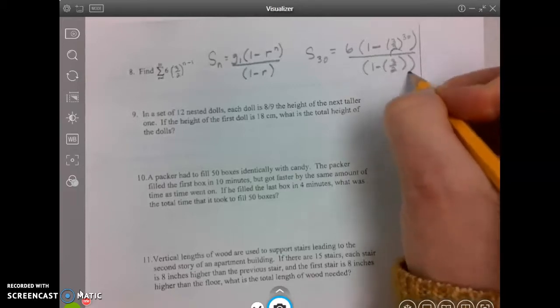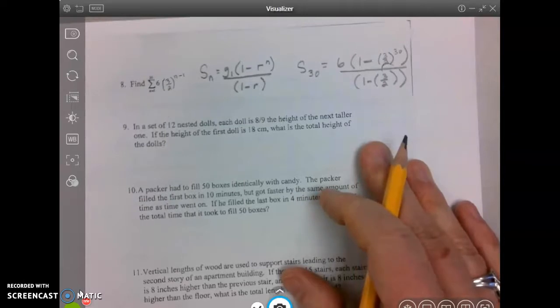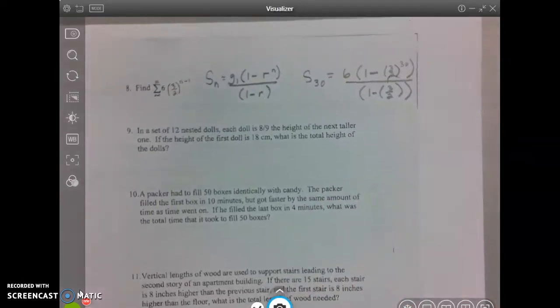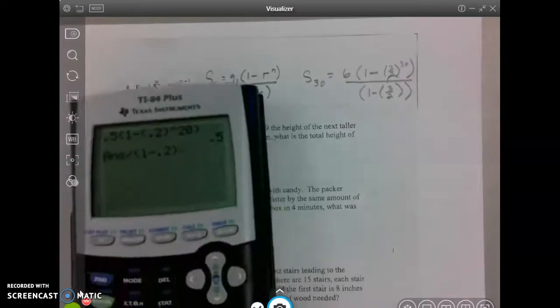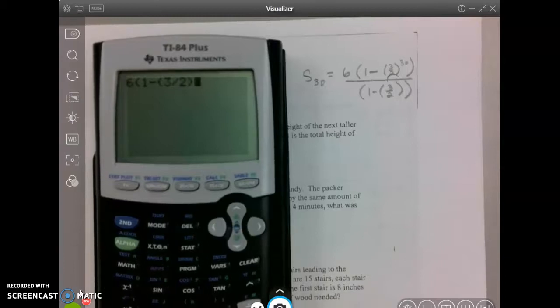Anytime I have a fraction or a negative, I really need to protect it with parentheses. Okay, this is one where you're going to have to be really careful how you type this in your calculator. So let's go ahead and do that. 6, and then in parentheses, 1 minus, protect that 3 halves with parentheses to the 30th power.